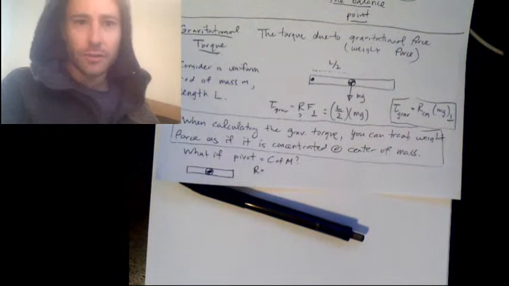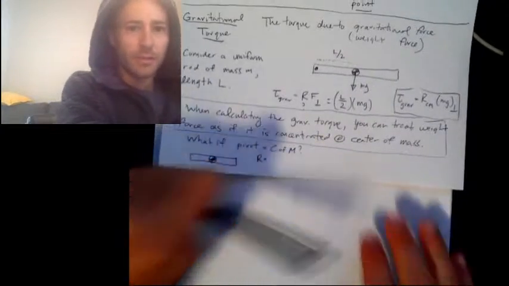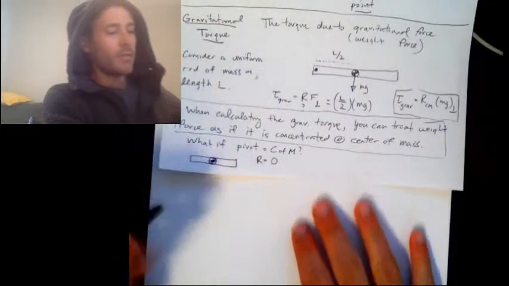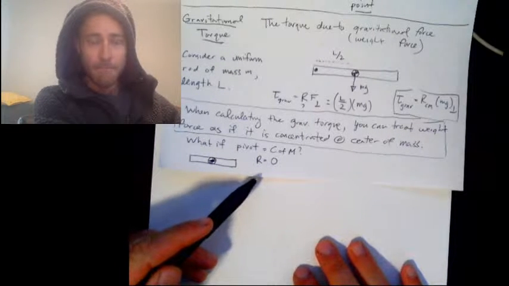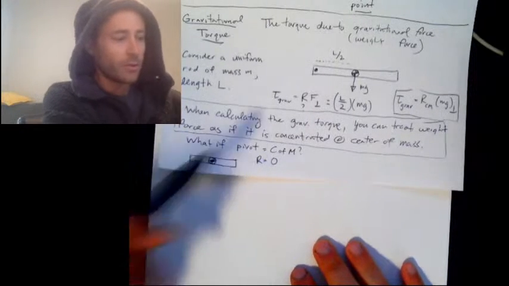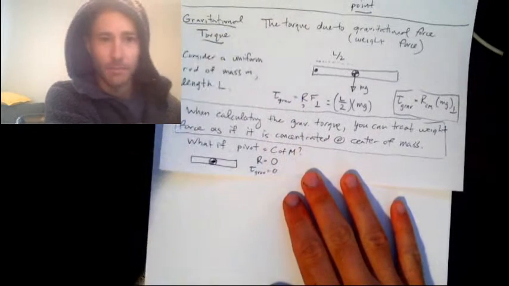Excellent. Yes. So I see several of you have typed in 0, and that's the correct answer. So if the pivot is equal to the center of mass, then the R value is 0, which means that the gravitational torque is equal to 0.